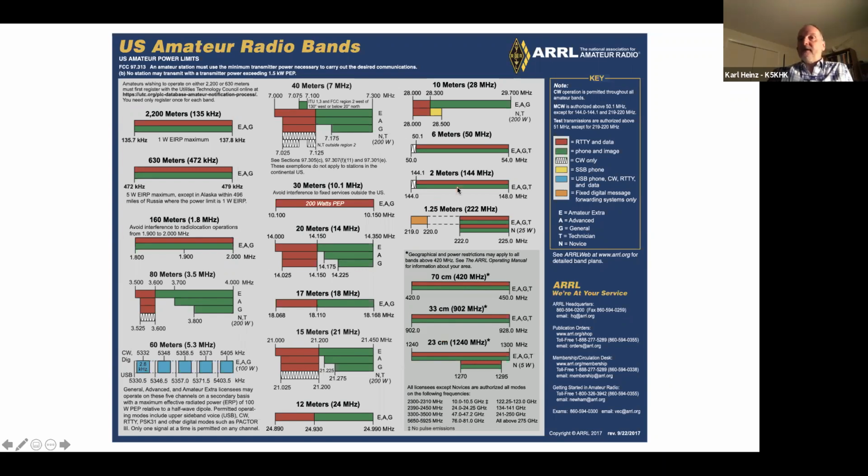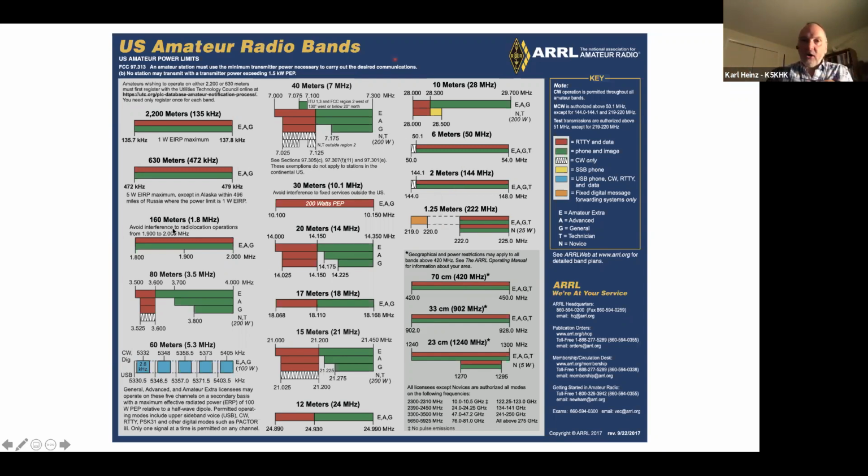So we don't need infrastructure out there provided by somebody else to talk to each other. Now, if we do have that infrastructure in form of a repeater, we can talk easier across a bigger distance.